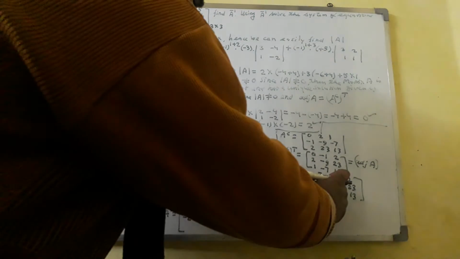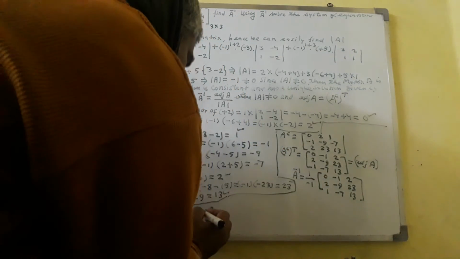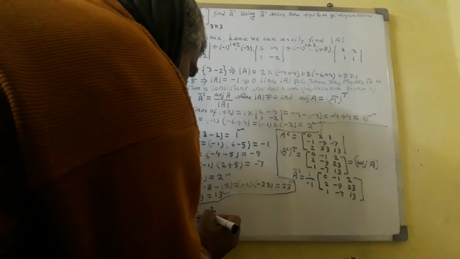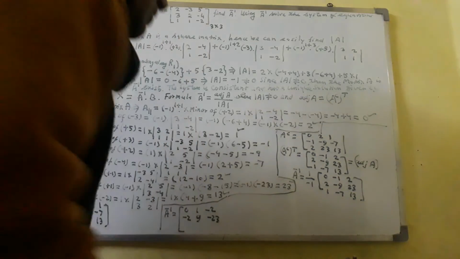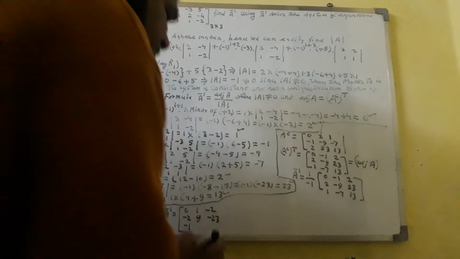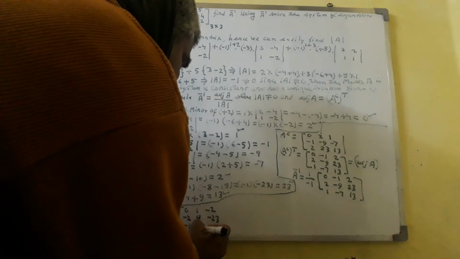-9 multiplied by -1 comes out to 9. 23 multiplied by -1 comes out to -23. 1 multiplied by -1 comes out to -1. -7 multiplied by -1 comes out to 7.